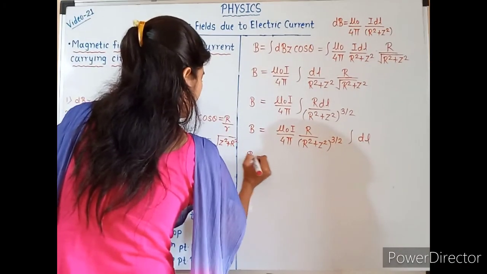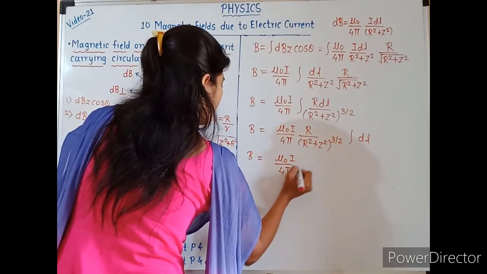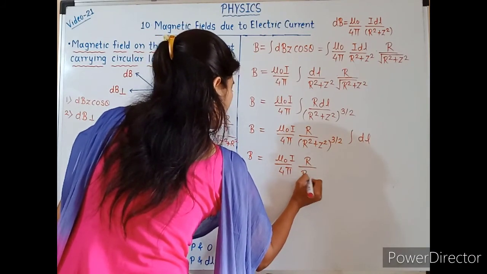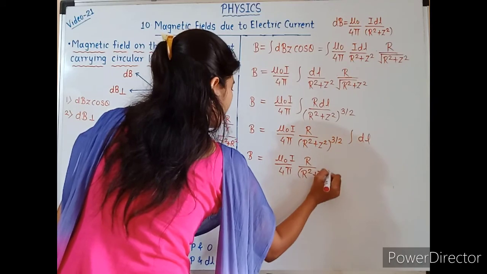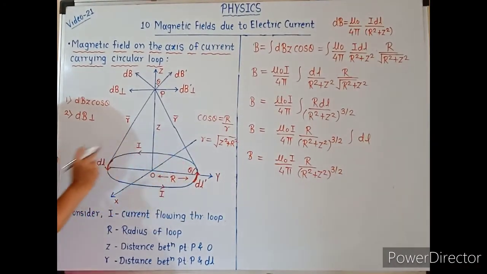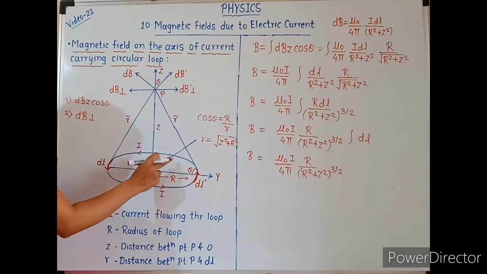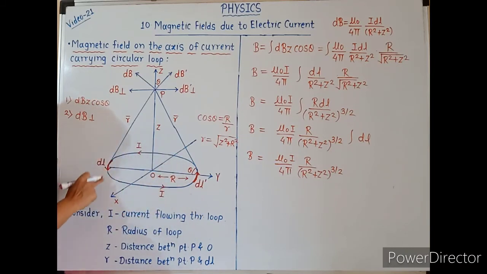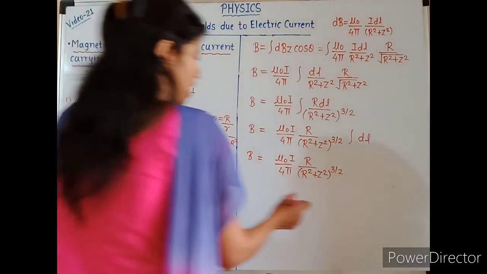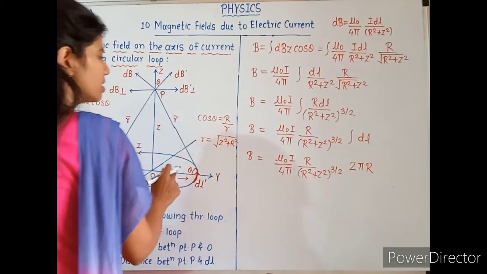Now we have to add all these dl elements, that is the total length of the circular loop, which is nothing but the circumference of this circular loop, that is 2 pi R. So integration of dl is 2 pi into capital R, the radius of this circular loop.